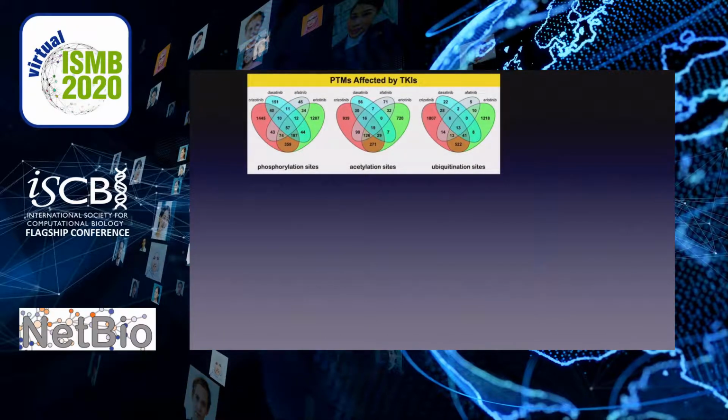The drugs, the tyrosine kinase inhibitors, affected multiple phosphorylations, acetylations, and ubiquitination sites in significant ways.